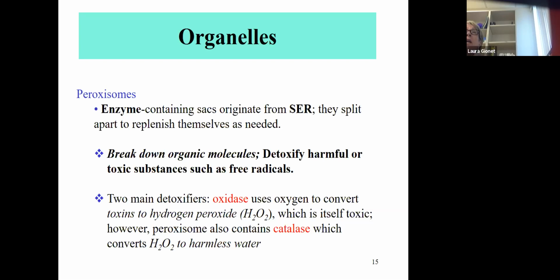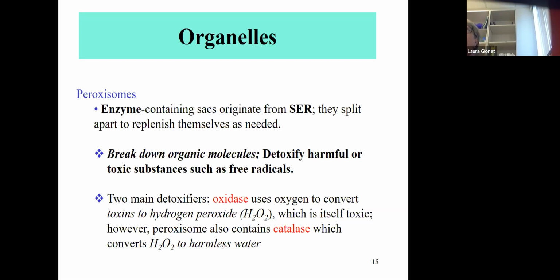But these enzymes are active in detoxifying toxic substances such as free radicals, and break down organic molecules. So they're enzyme-containing sacs that originate and bud off from the smooth endoplasmic reticulum. Unlike the lysosomes, which bud off the Golgi apparatus, and arguably the rough endoplasmic reticulum, depends, but it definitely won't bud off of a smooth endoplasmic reticulum. That's where the peroxisomes come from.